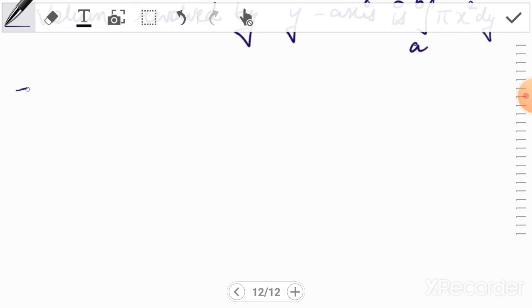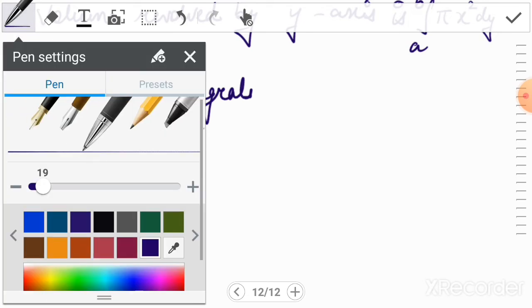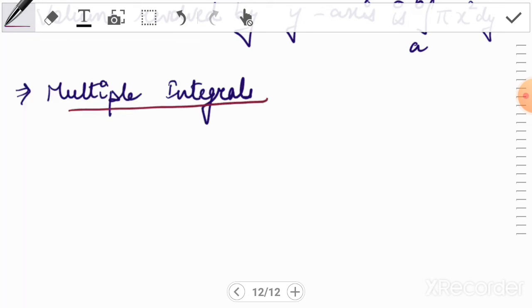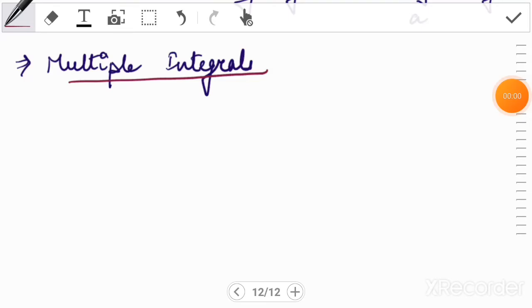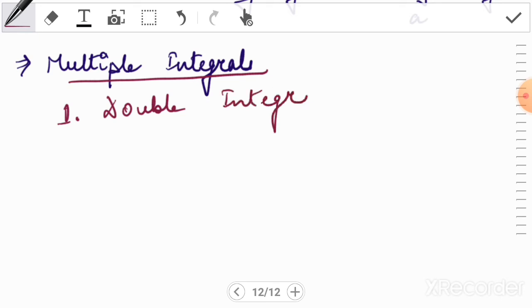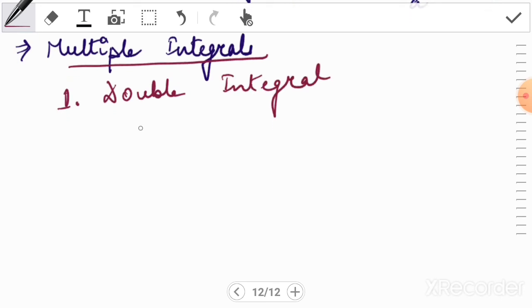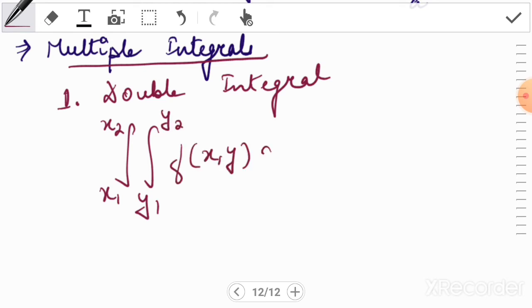Next is multiple integral. First one is double integral, which is expressed as integral x1 to x2, y1 to y2 of f(x,y) dx dy.